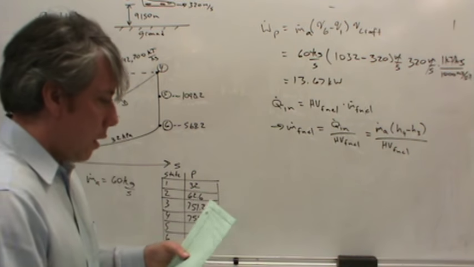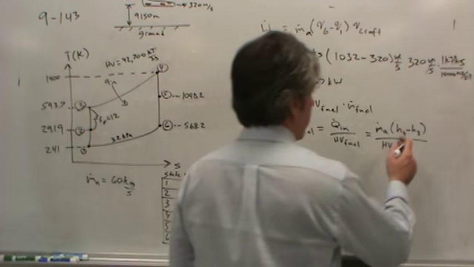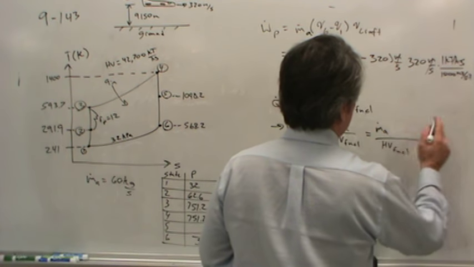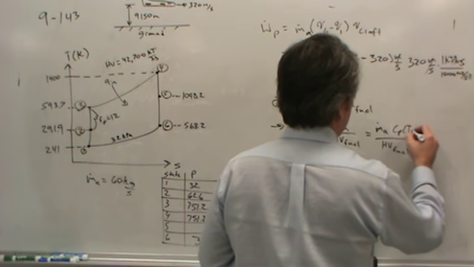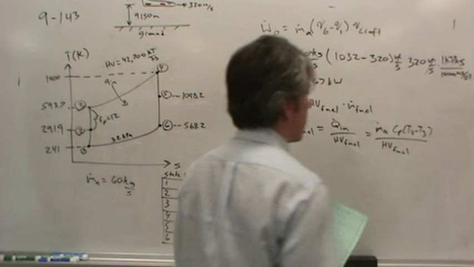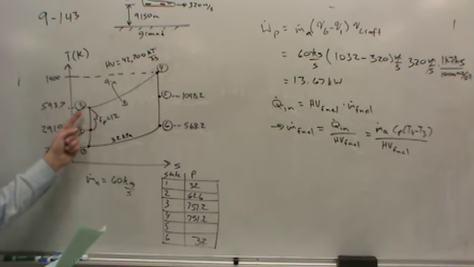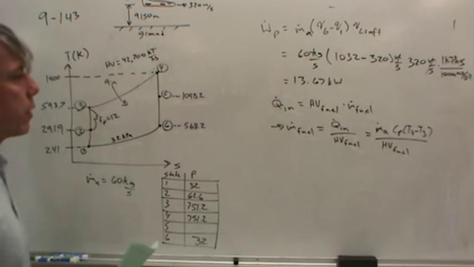Now, of course, instead of using H4 and H3, we're going to use Cp delta T. So Cp (T4 less T3). So essentially what the fuel does is it increases the temperature of the air from state 3 to state 4. That's what it's there for.